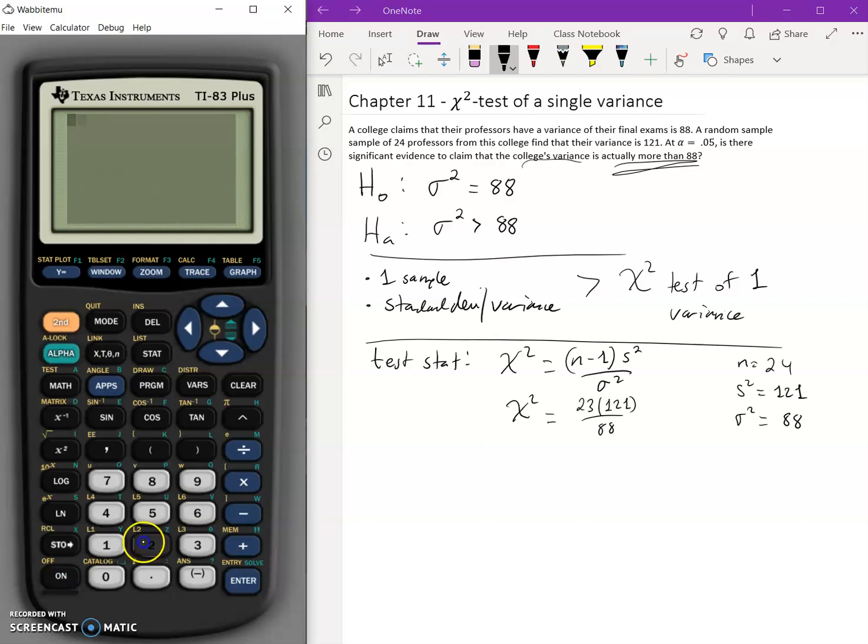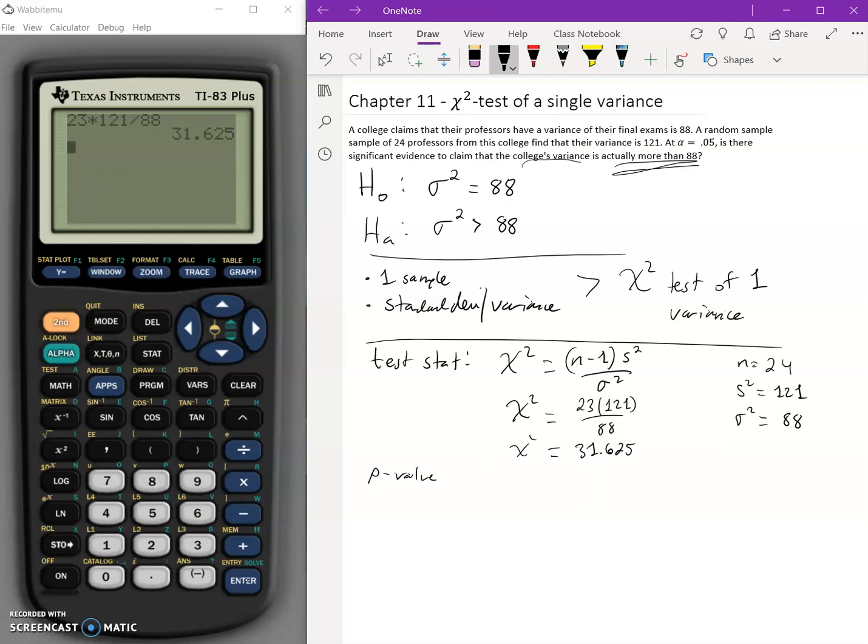So we'll turn on our calculator, 23 times 121 divided by 88. We see this test statistic now is equal to 31.625.